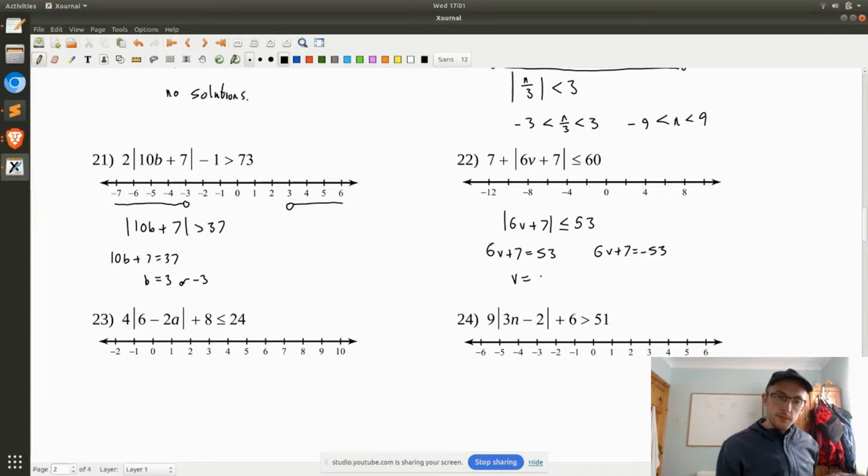So, I believe it's -10, 7 2/3, filled in dots.